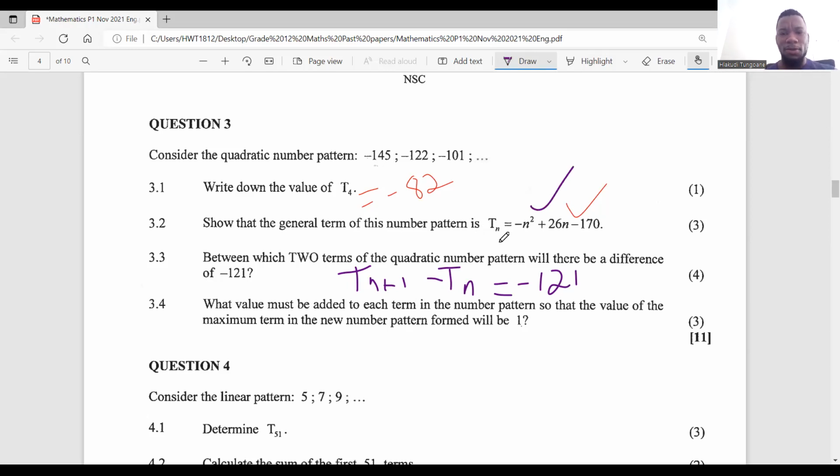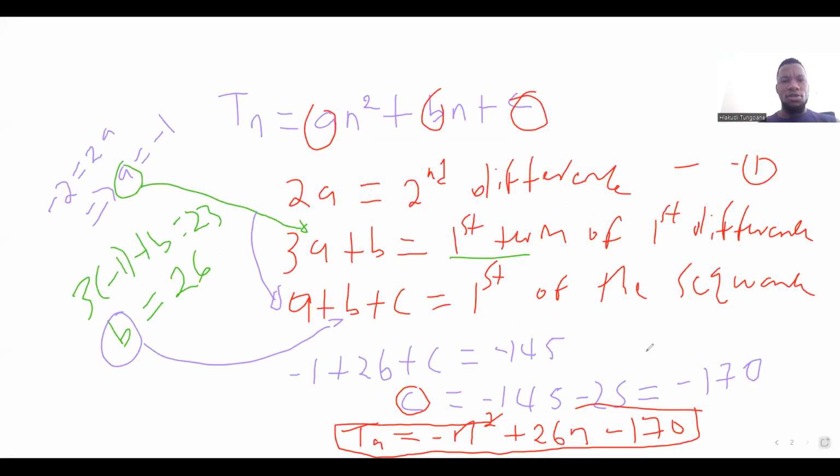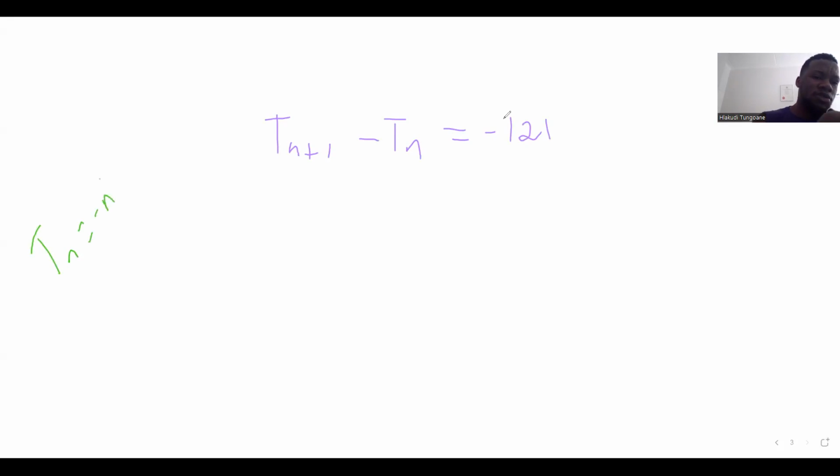Okay, I'm just going to open a whiteboard. So, okay, let's see. We have Tn plus 1 minus Tn must give us minus 121. And then what's the Tn formula? Let's just write it on the side so that you remember: Tn formula is equal to minus n squared plus 26n minus 170.